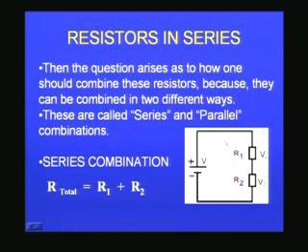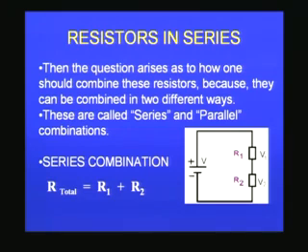So, if the same current is going through all the resistors connected in a given circuit, then that combination is called series combination. So, series combination is characterized by the same current flowing through all the resistors forming the combination. In that case, what will be the total resistance in the circuit?